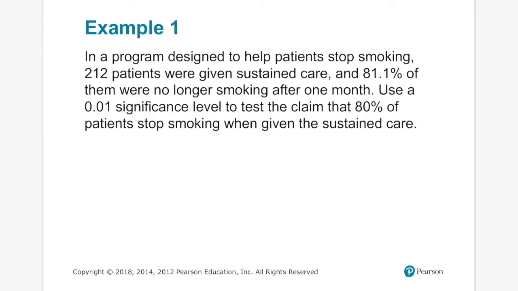Example 1. In a program designed to help patients stop smoking, 212 patients were given sustained care and 81.1% of them were no longer smoking after 1 month. Use a 0.01 significance level to test the claim that 80% of patients stop smoking when given the sustained care. First, I have n equals 212 patients. P hat is 81.1%.